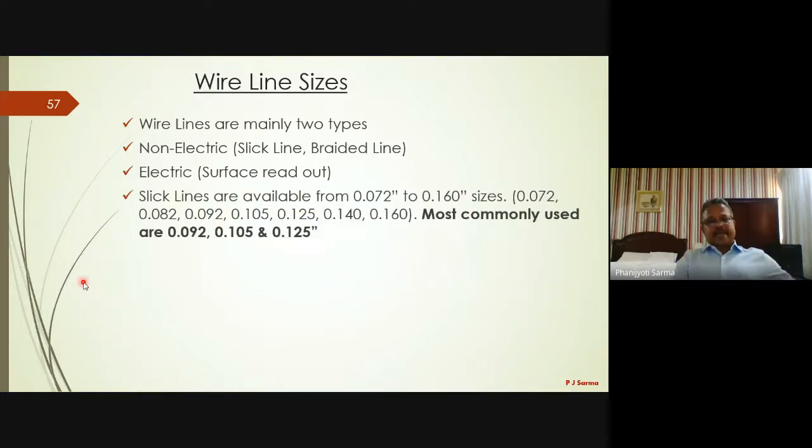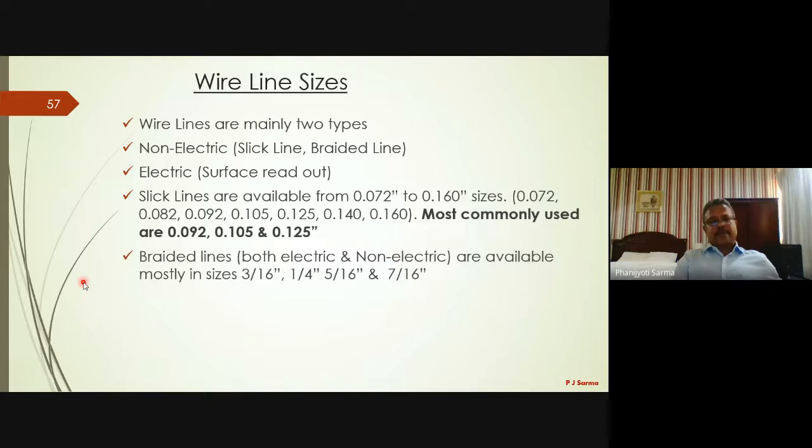The slick line sizes vary from 0.07 inch to 0.160 inch. The most commonly used sizes are 0.092, 0.105, or 0.125. Braided line, or the electric line, is also a braided line.